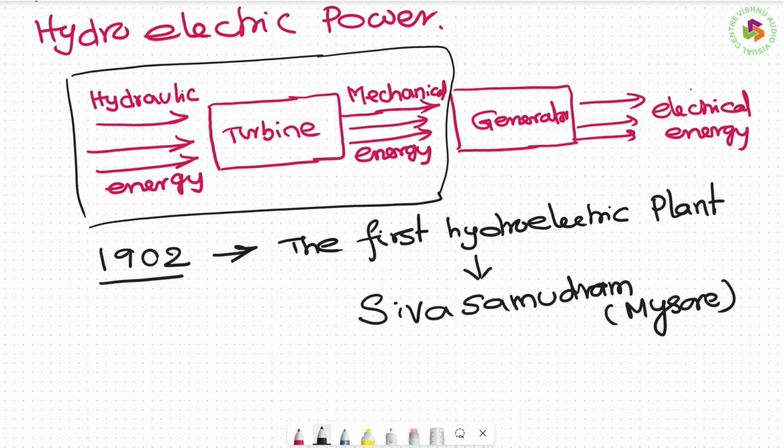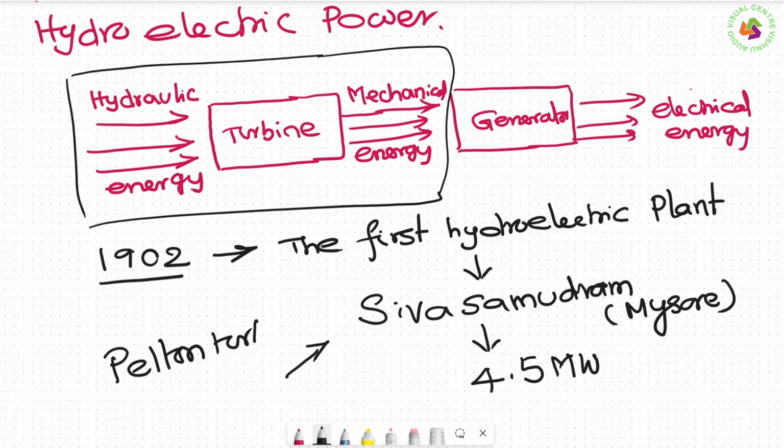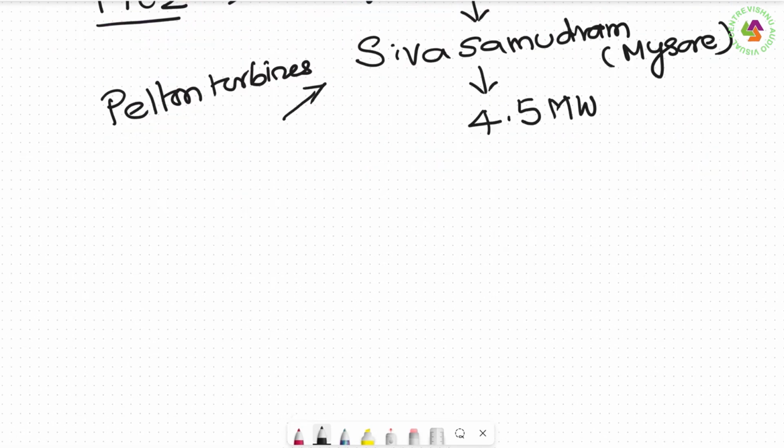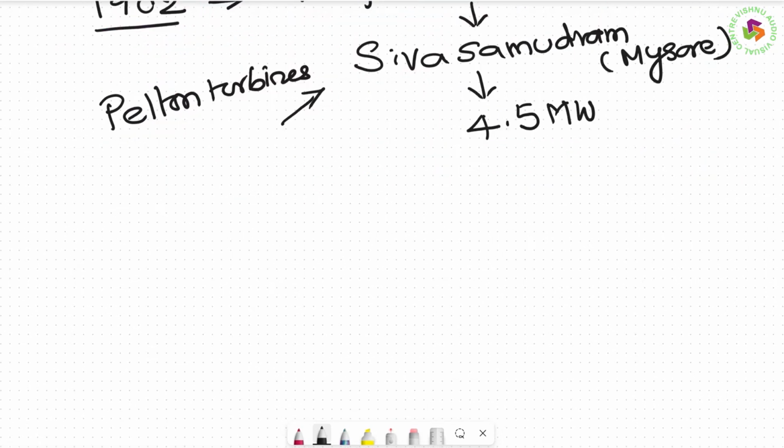Its capacity is 4.5 megawatts, and it is full of Pelton turbines. So this is the first thing. Then afterwards, so many have come.